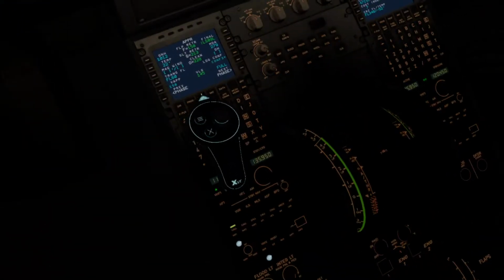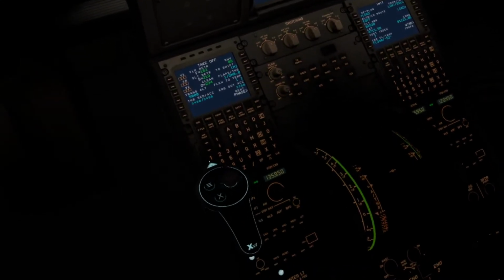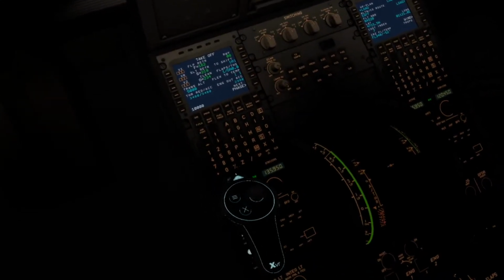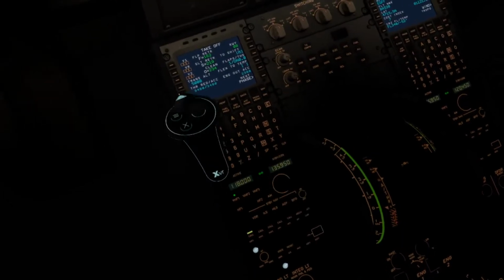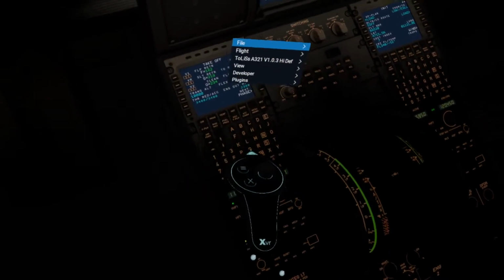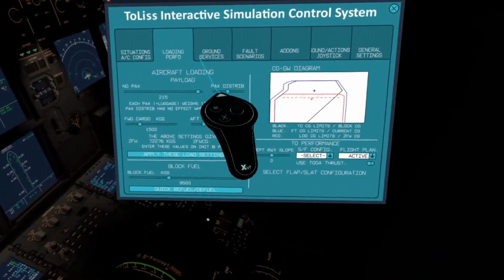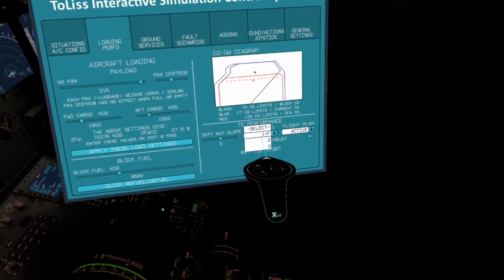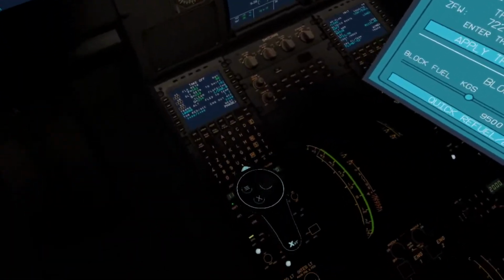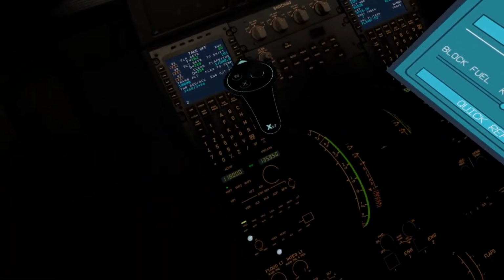What I need to do is set the transitional altitude for takeoff, which will be 10,000 feet. So now V1, flaps 2 for takeoff. I'll have to put that in.